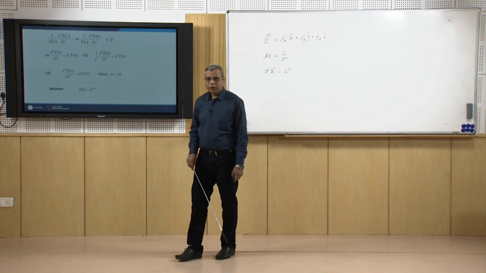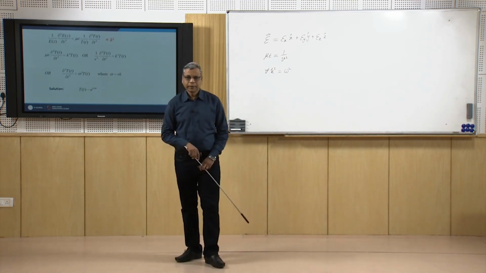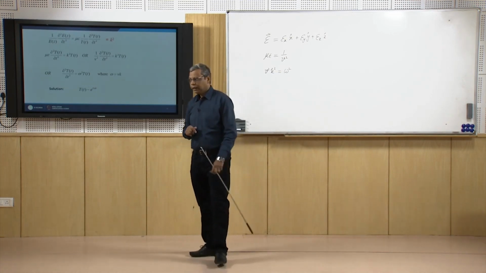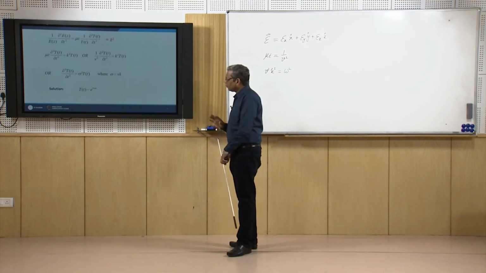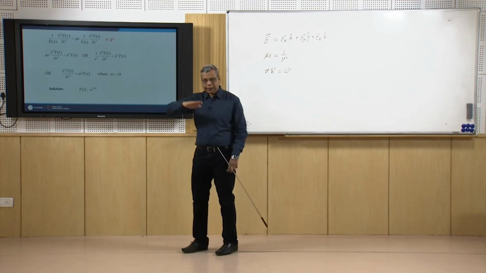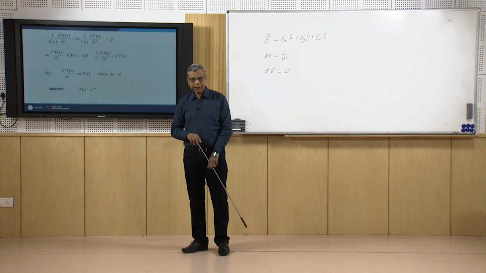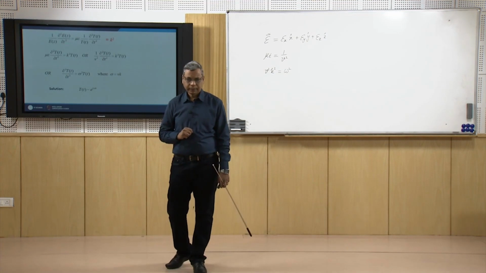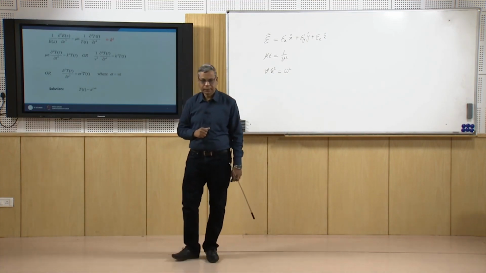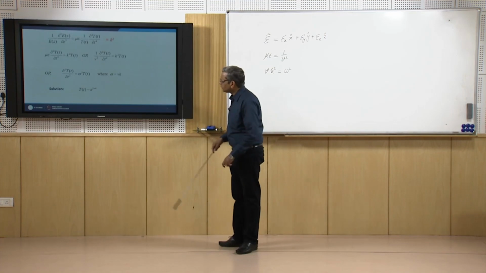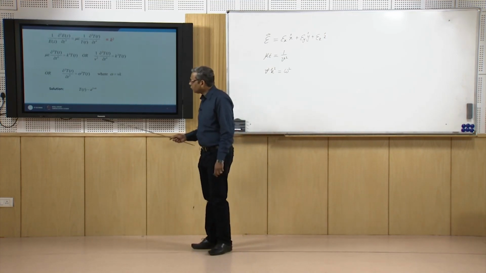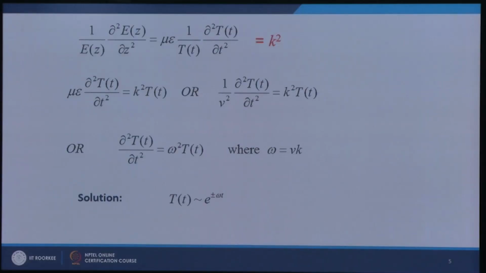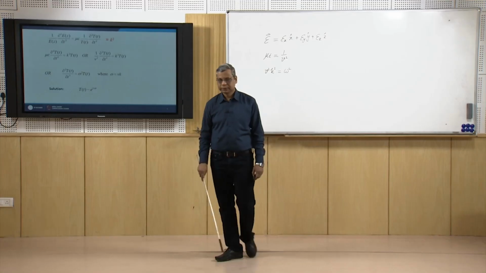What kind of solution am I looking for? Well, I am looking for a solution which represents a wave, and a wave will have an oscillatory solution, which means sin ωt or cosine ωt or a combination of these. So, I can immediately see that if I get a solution of the form e to the power plus minus iωt, then it is an oscillatory solution.